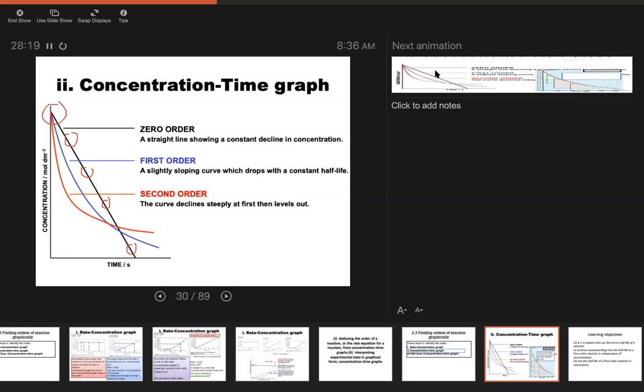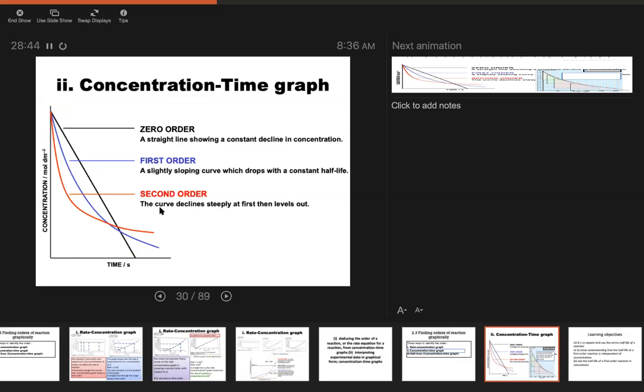Now for first and second order, they will be curved. It's not easy to see because both of them are decreasing and both are showing curves. But one thing you can notice is the curve for second order decreases a bit deeper.